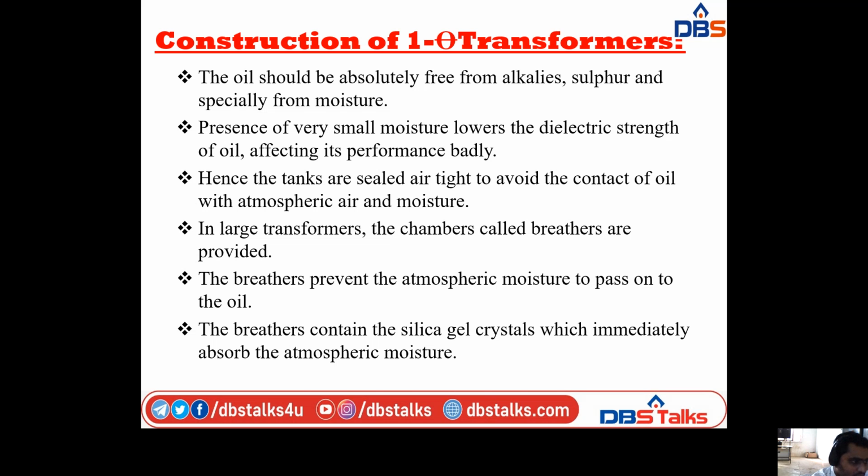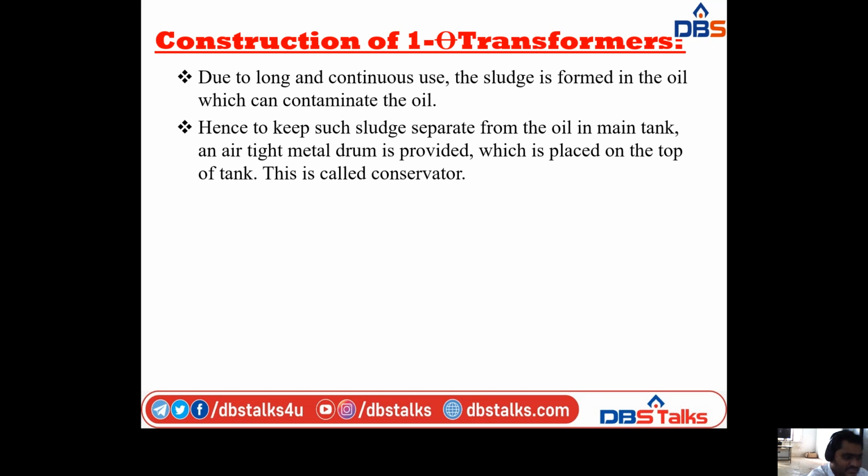Due to long and continuous use, sludge is formed in the oil, which can contaminate the oil. To keep such sludge separate from the oil, an airtight metal drum is provided, placed on the top of the tank.